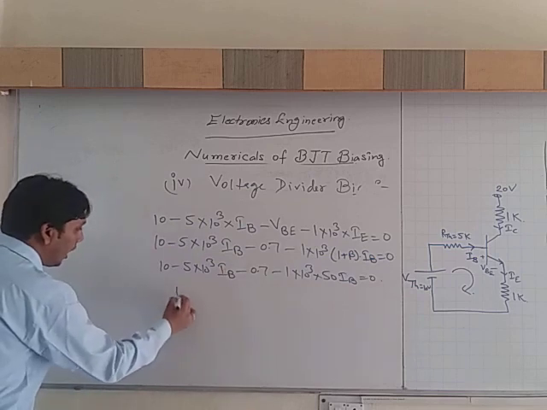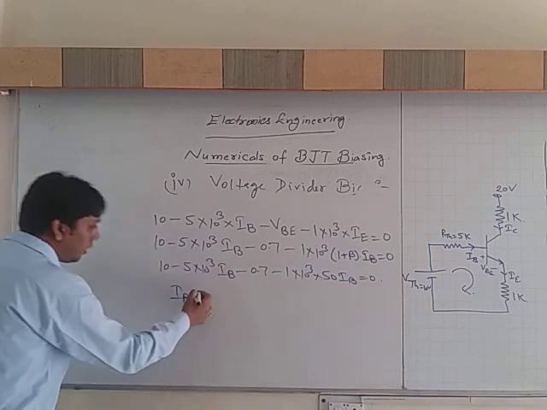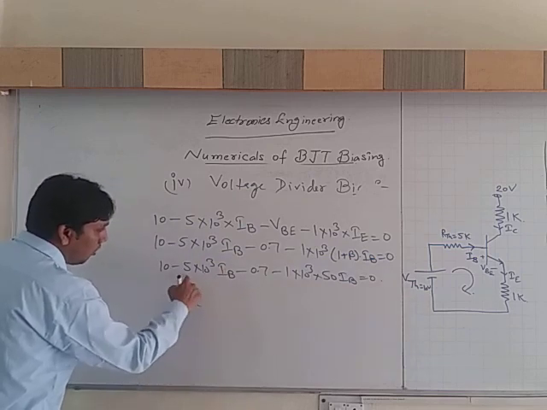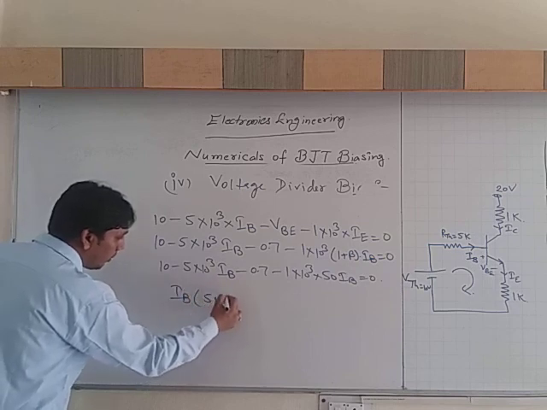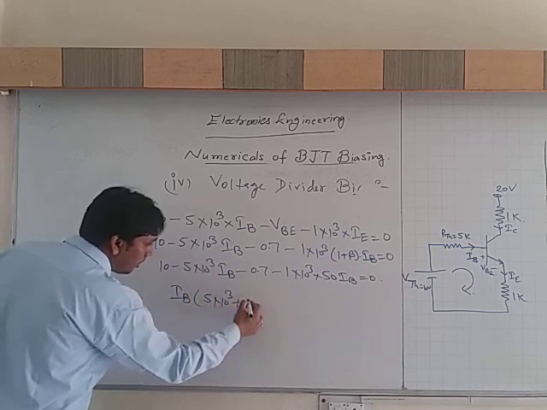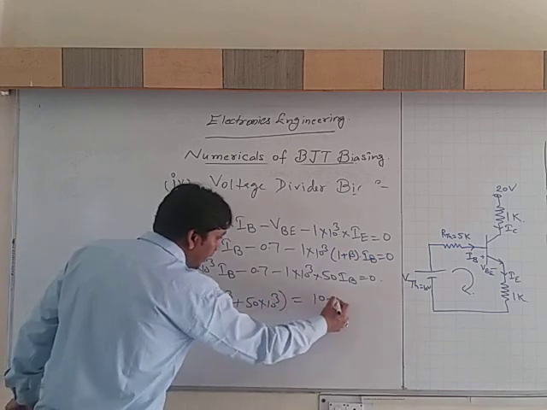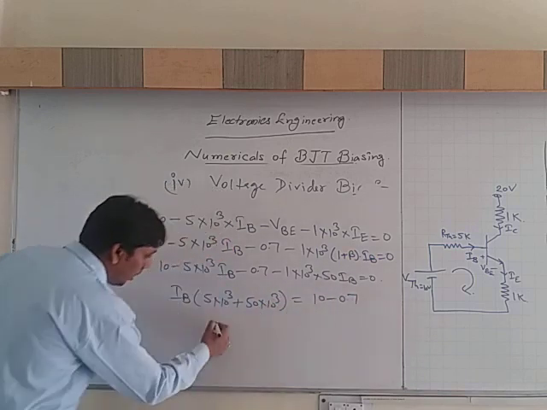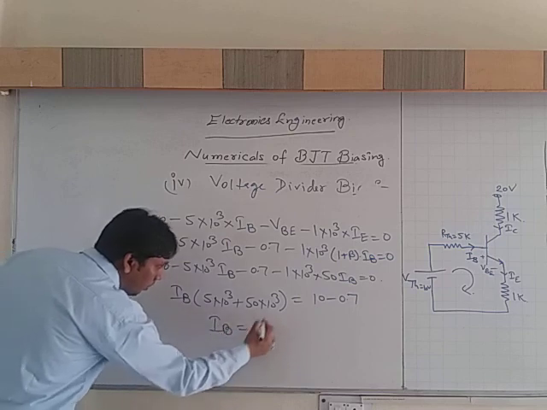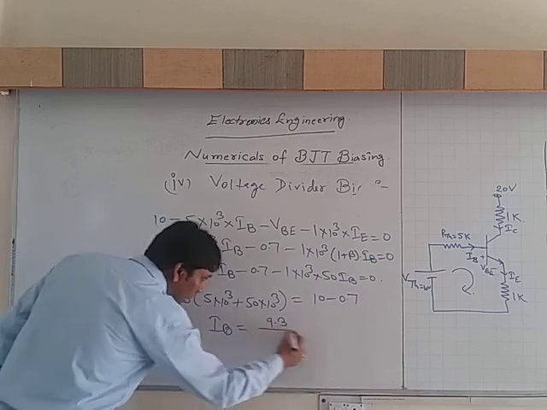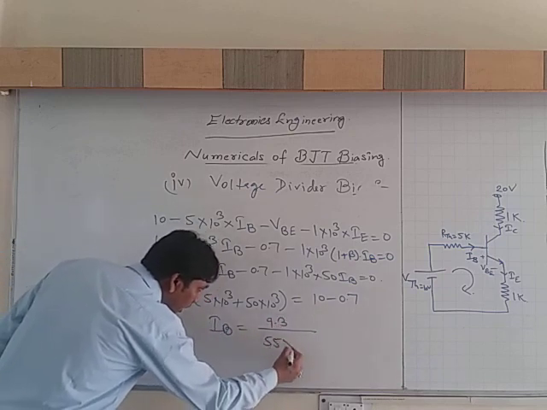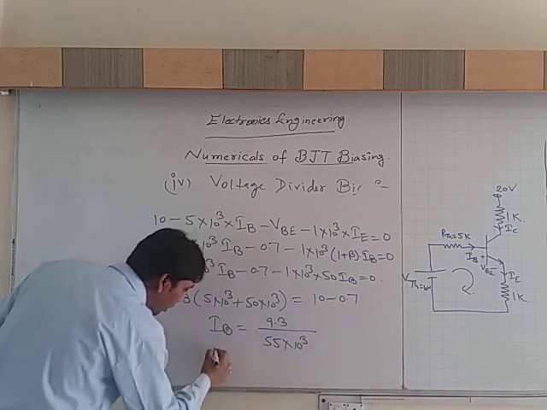Now we will take IB to one side. We get 5 into 10 to the power 3 plus 50 into 10 to the power 3 equals 10 minus 0.7, and the value of IB will be 9.3 upon 55 into 10 to the power 3.